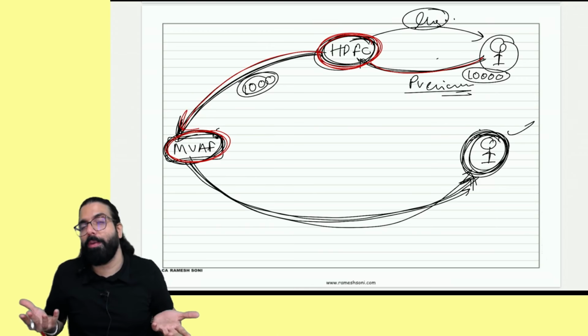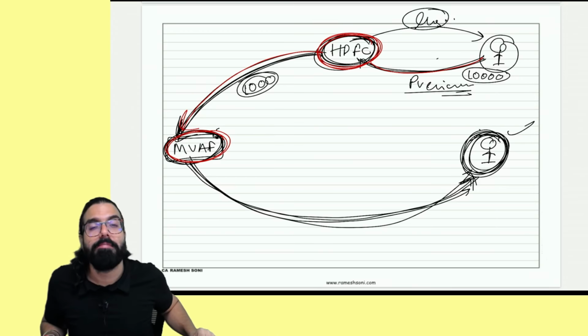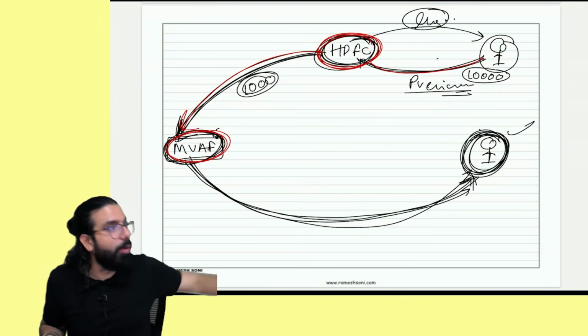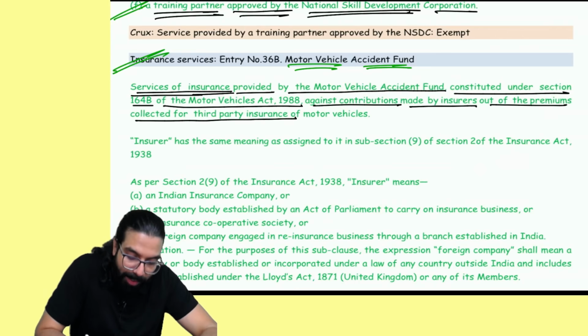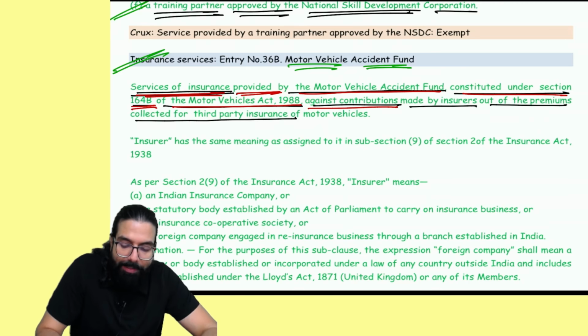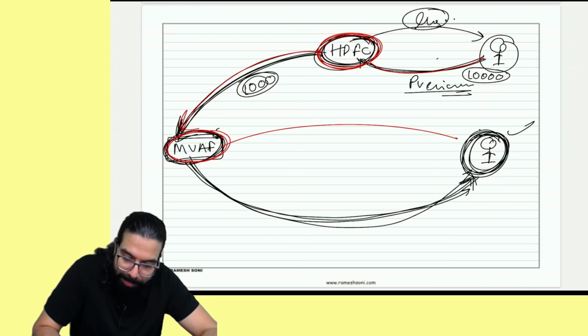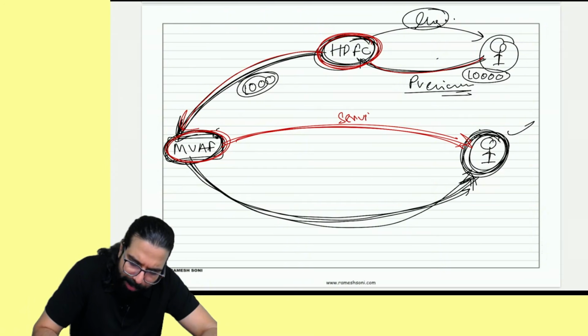So the motor vehicle accident fund, if anybody is hit on the road, will go ahead and pay them money. So it is also providing insurance services. So government is selling services of insurance provided by whom? Motor vehicle accident fund constituted under section 164B of the Motor Vehicles Act against contribution made by insurers. So basically, when they are helping these people, who pays the money? Who pays the money when they are providing services of insurance?